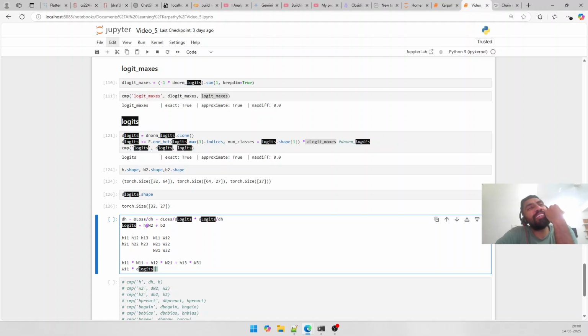And means one thing I can realize, so w1 into some logits should be, so I think how it will go is, say logits is 32, so this dot product.